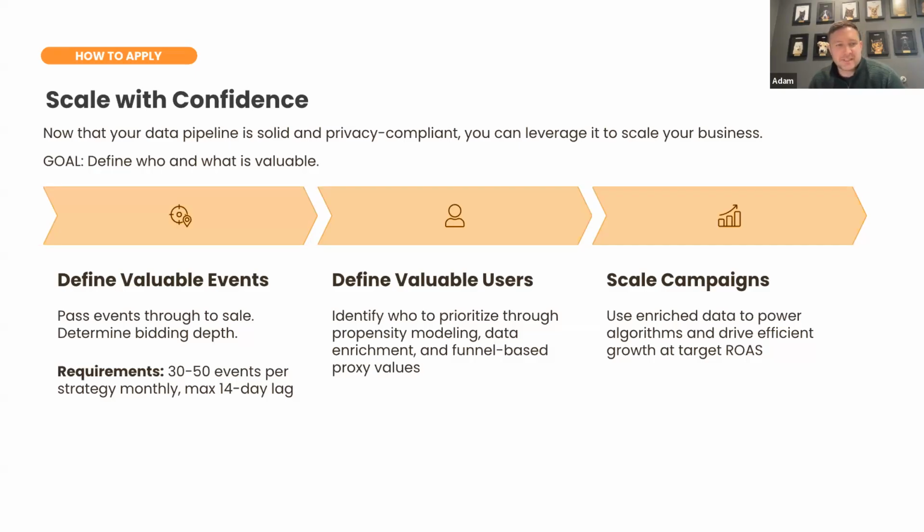And if they are going to become a sale, is there a differentiator that says this will be a more valuable user or a less valuable user? So what could that be? That could be their company size, their job title, something they selected in the lead form, a product they were interested in, and then start to build propensity models that will predict the lifetime value of that user.